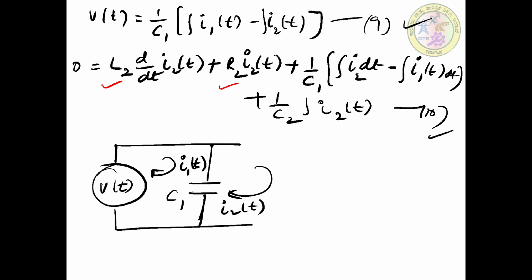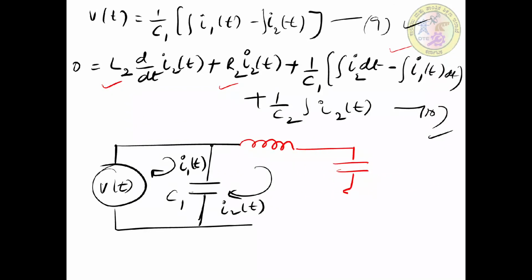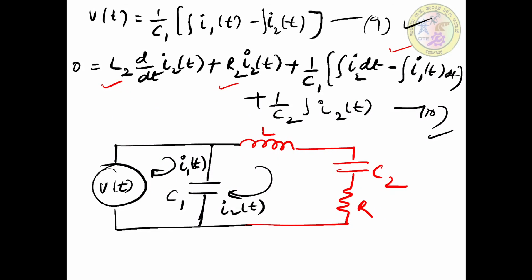When you are writing KVL for the second loop, the difference of currents is I2 minus I1 only. Now it is correct. The second loop also has one more capacitor C2. So now we write the second loop components: we have L2, a C2, and a resistor R2, and C1 is a common term between the two loops.